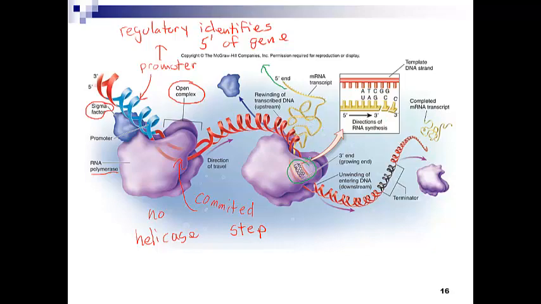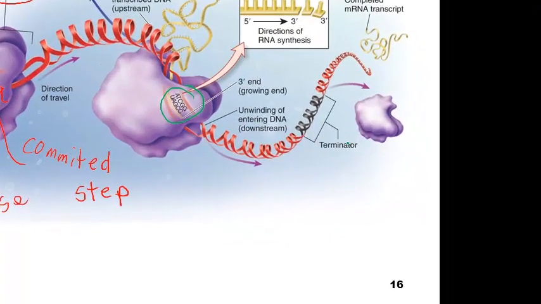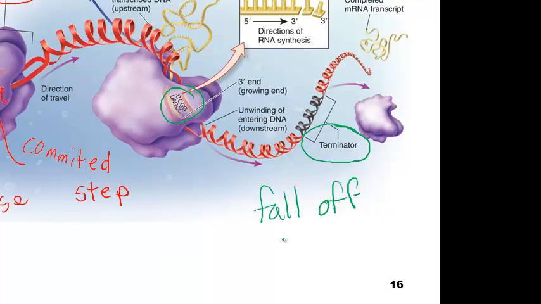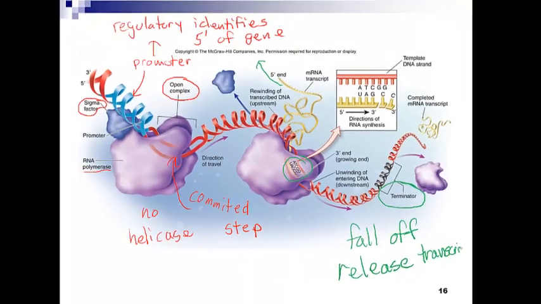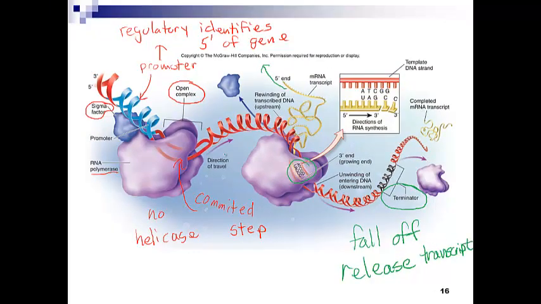So we're going to continue to do that throughout the entire coding region until we reach a series of DNA sequences called the terminator sequences. At this sequence, the RNA polymerase is going to fall off the DNA, and it's going to release the transcript. So the region which gets copied in the process of transcription is the region from the start site all the way to the terminator site.